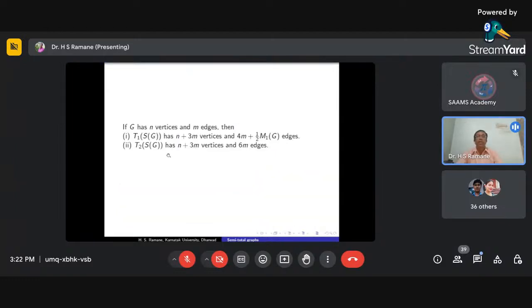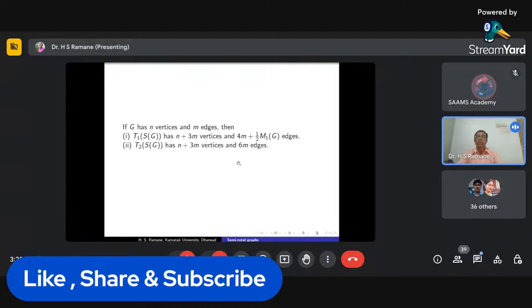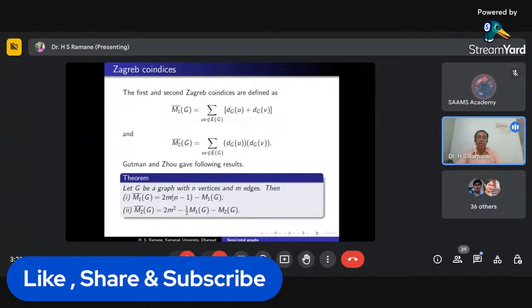If G has n points and m lines, then T1 SG has n plus 3m points and 4m plus half M1(G) edges, and T2 SG has n plus 3m vertices and 6m edges. Knowing the number of points, lines, and M1, M2, we can write the Zagreb co-indices.